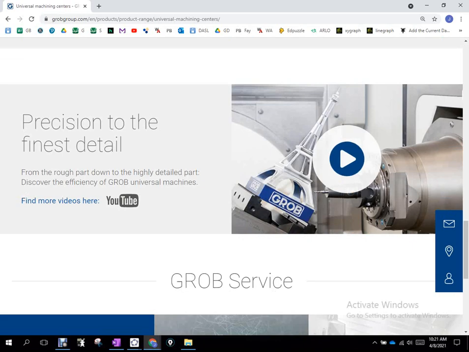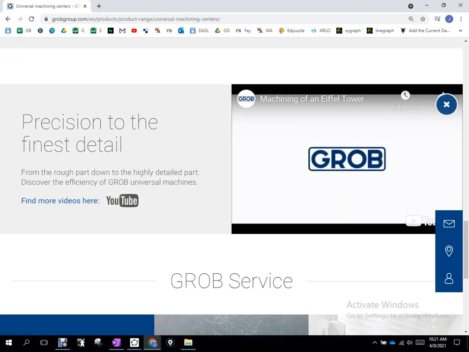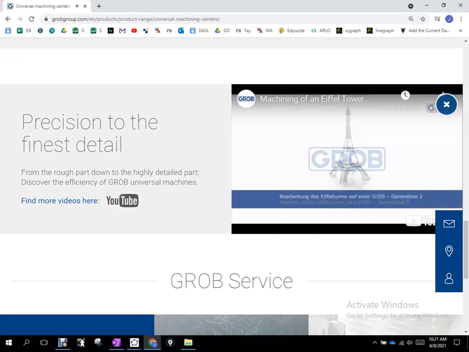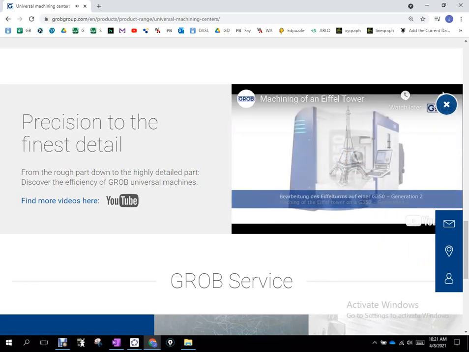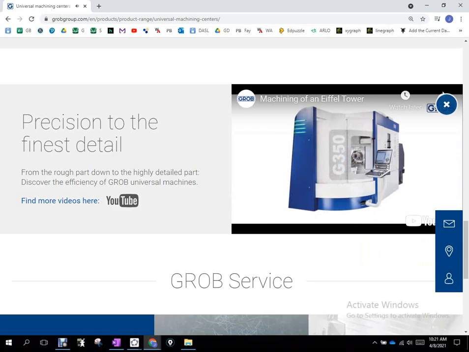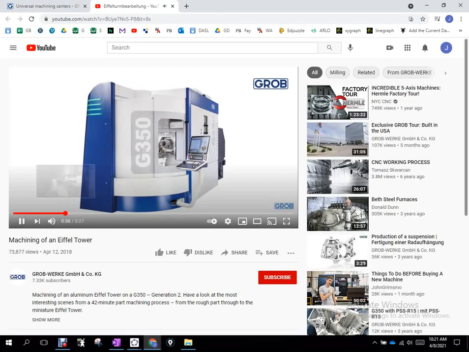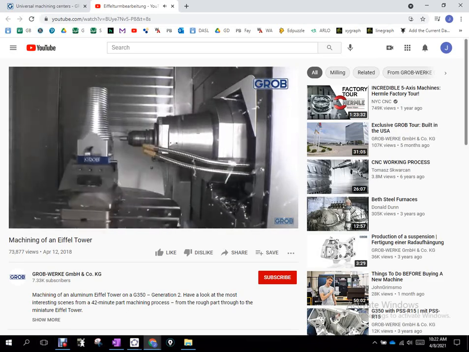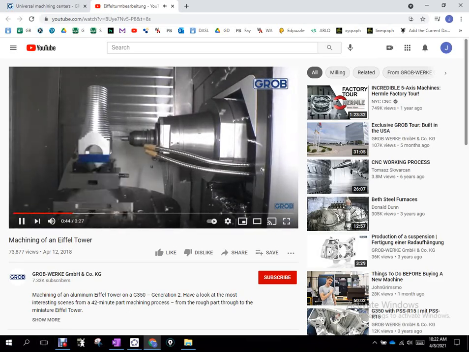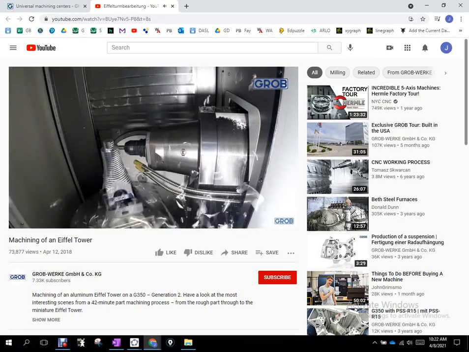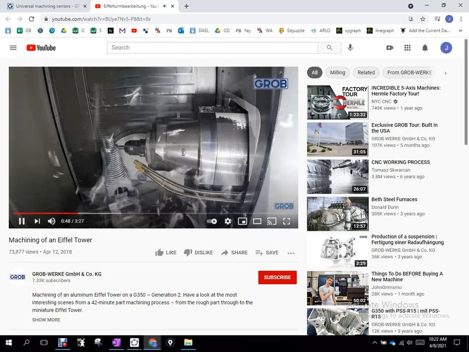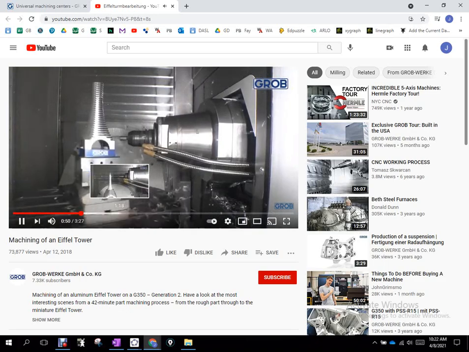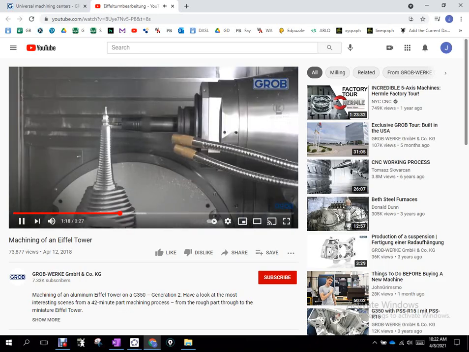All right, so this is kind of a, I don't know if this is a video play. Let's see. All right, so the movement of these axes allows this shape to move. So they're making an Eiffel Tower here.